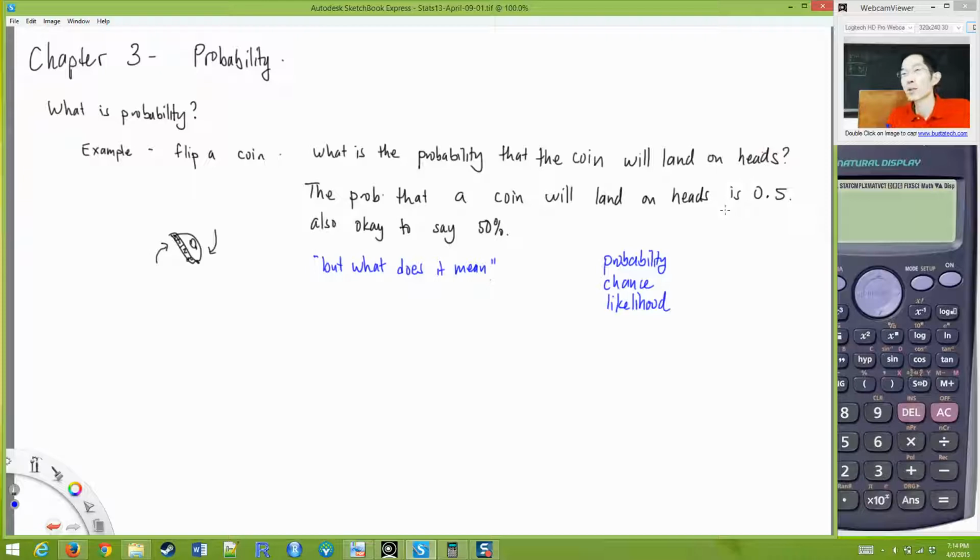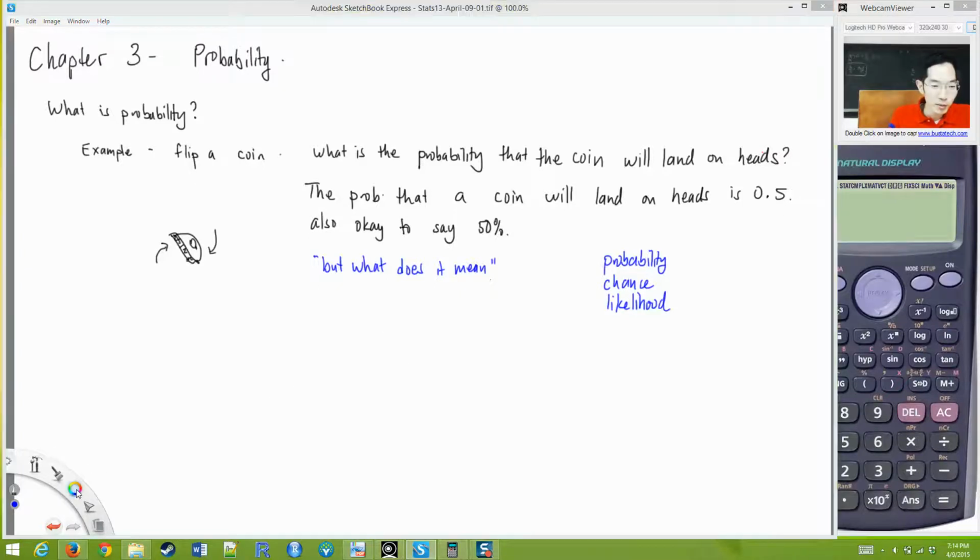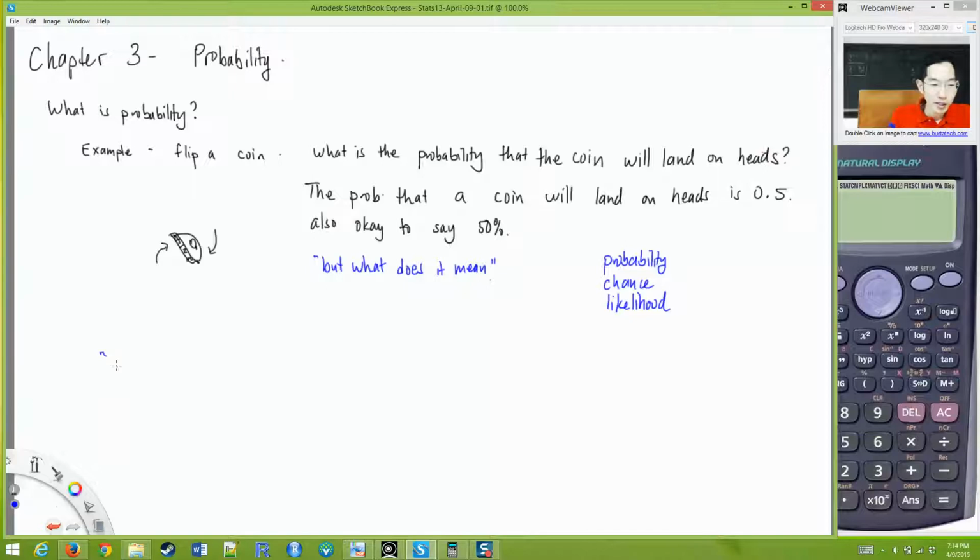But still, what does that mean? If somebody says that the chance that the coin will land heads is 0.5, what do they mean by that? Half the time? Okay. Well, we could say, half the time the coin will land heads. But if I flip a coin once, it's either going to land heads or tails.